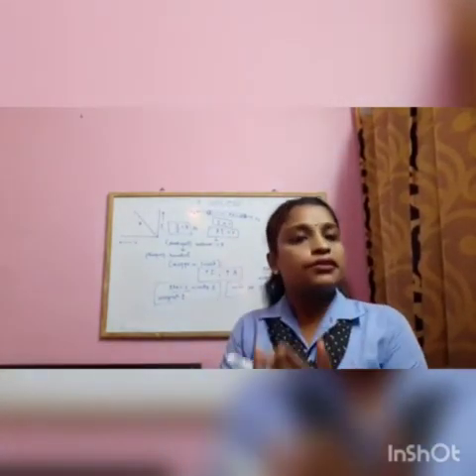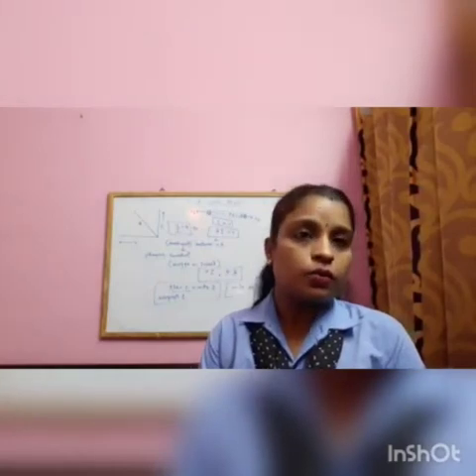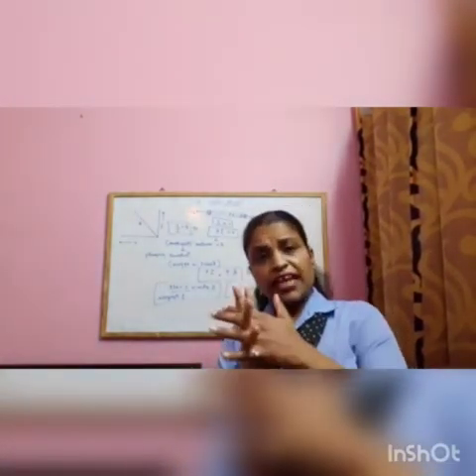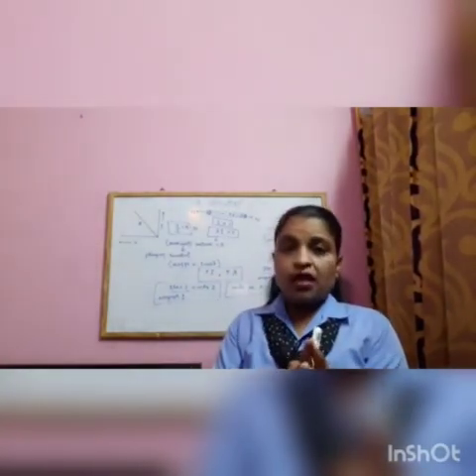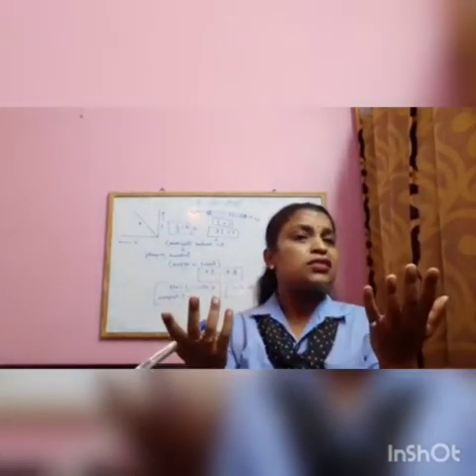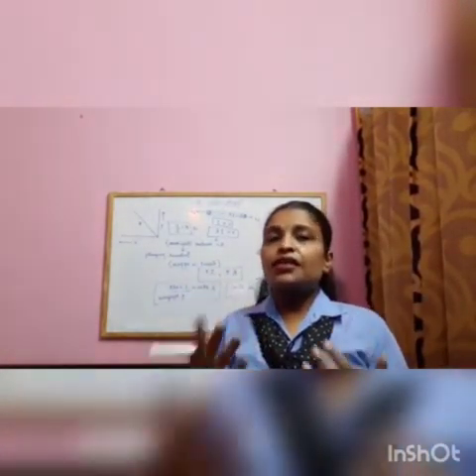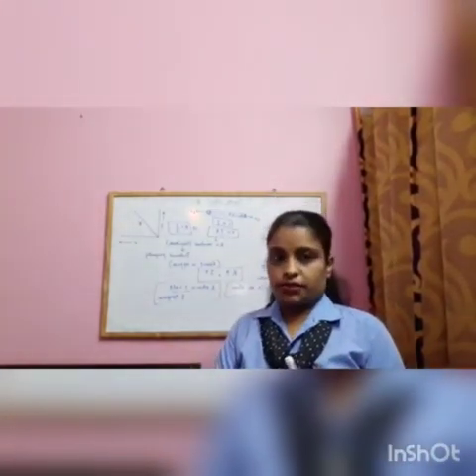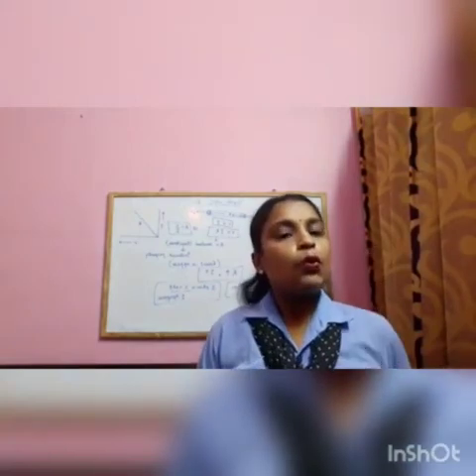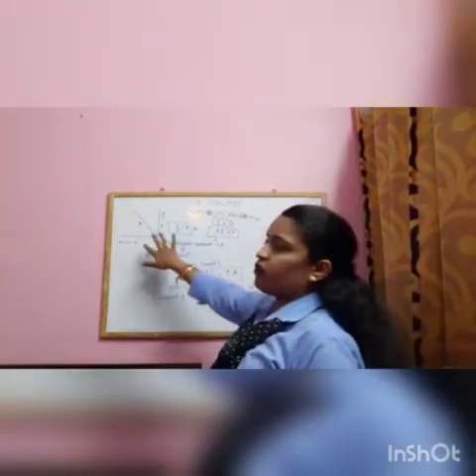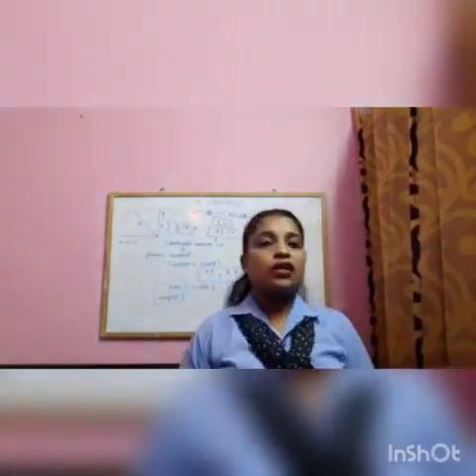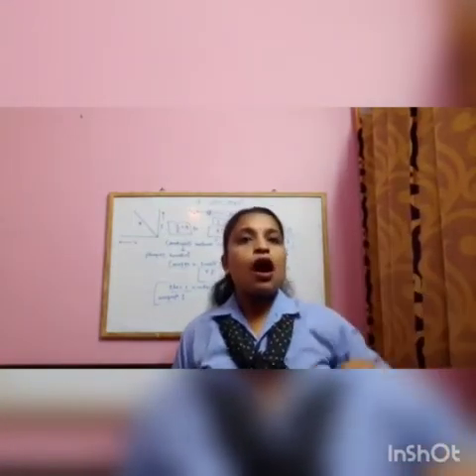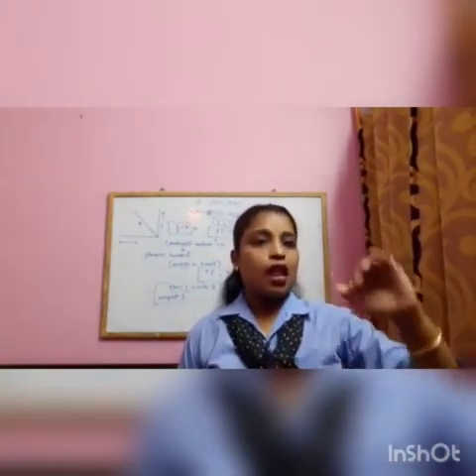The conductors which do not follow V directly proportional to I are known as non-ohmic conductors. For a non-ohmic conductor, the graph between V and I is not a straight line. It turns out to be a parabolic or curved line.